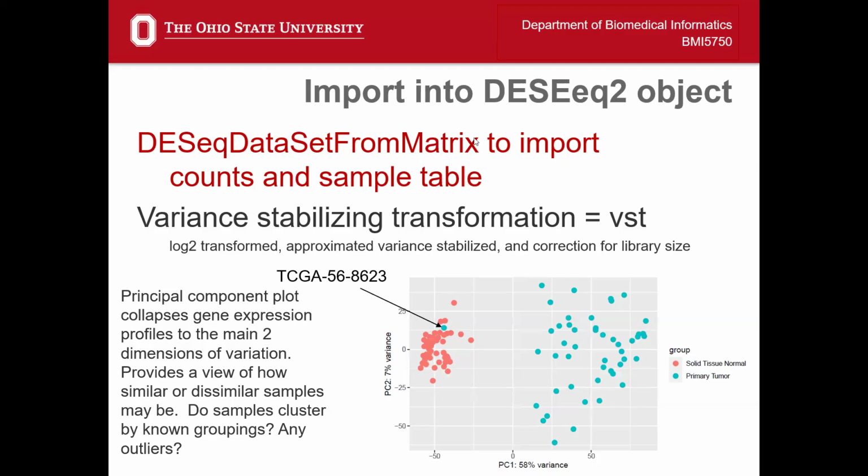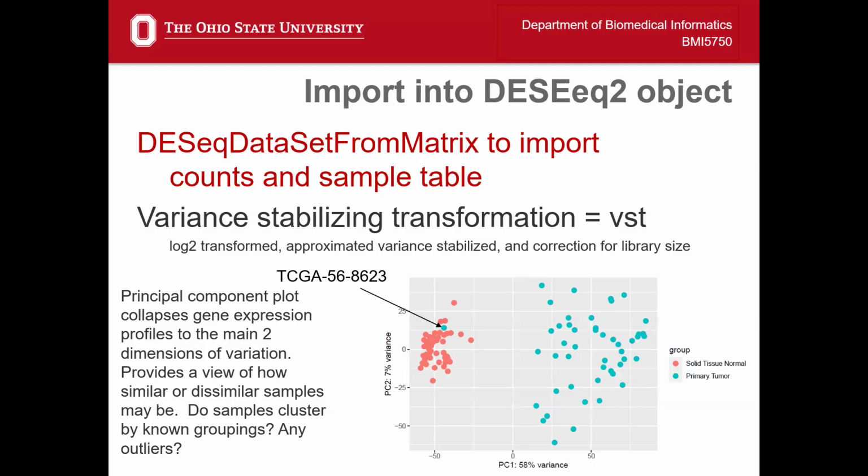So we apply a technique called principal components analysis, which is going to take those 30,000 measures and collapse them into just a few measures. This is a dimension reduction method because it's taking all of our measures and collapsing them into just 2 in this case.